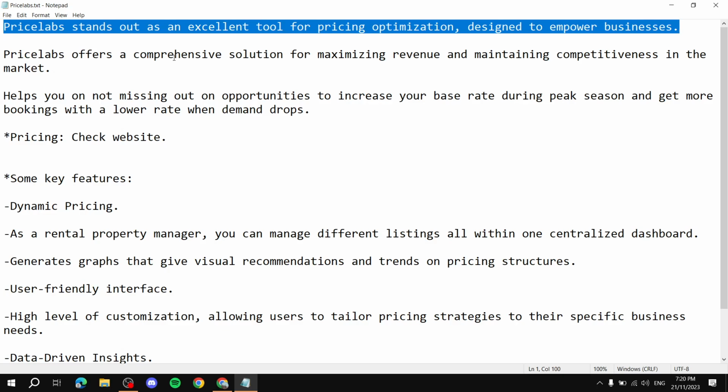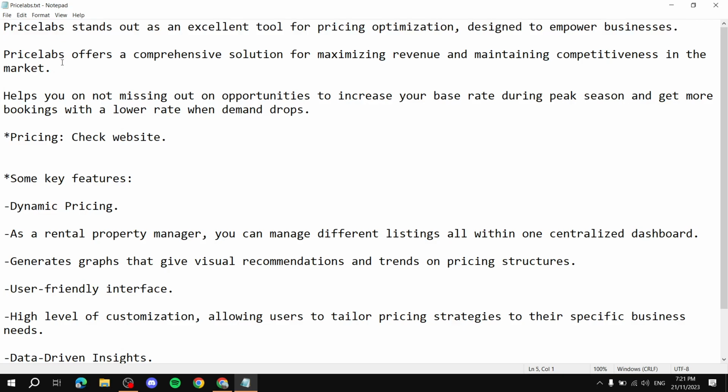PriceLabs offers a comprehensive solution for maximizing revenue and maintaining competitiveness in the market, which is very true because, like I said, if you track your competitors, you would see that they change their prices on a daily basis, and they are probably using the same PriceLabs or a different tool for price optimization.